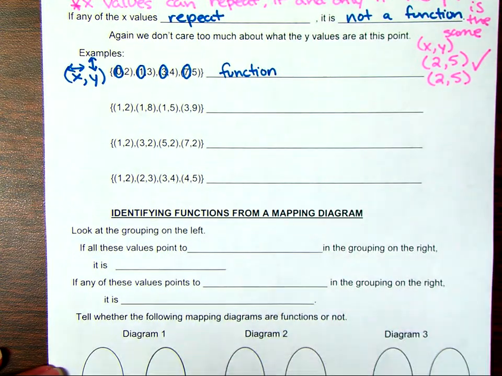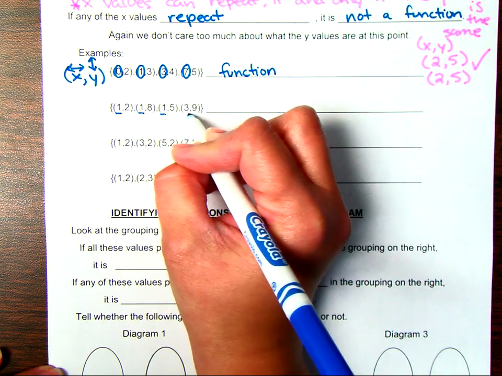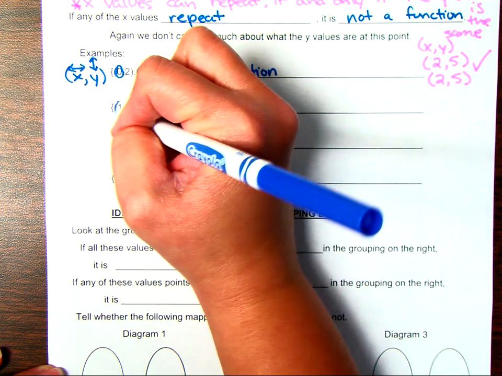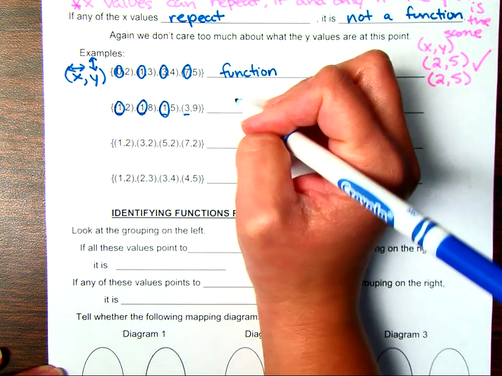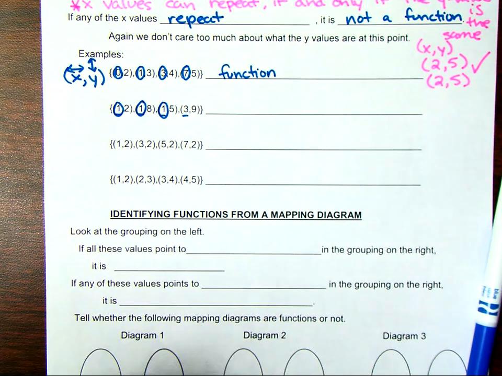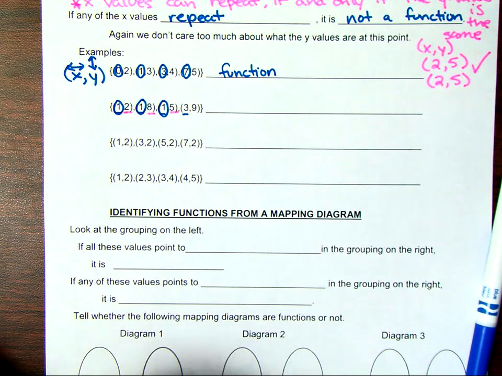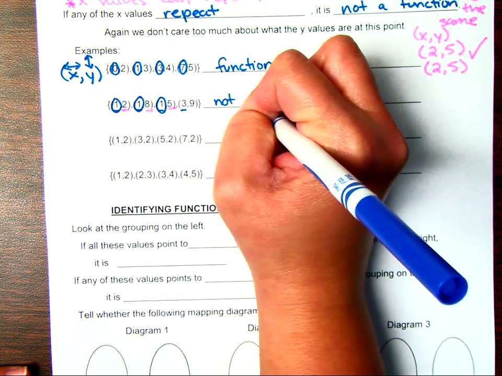So if we look, our x values right here are 1, 1, 1, and 3. Well, 1, 1, and 1 are all the same, and they're matched to different y values. And therefore, because your x is matched to different y values, this is going to be not a function.